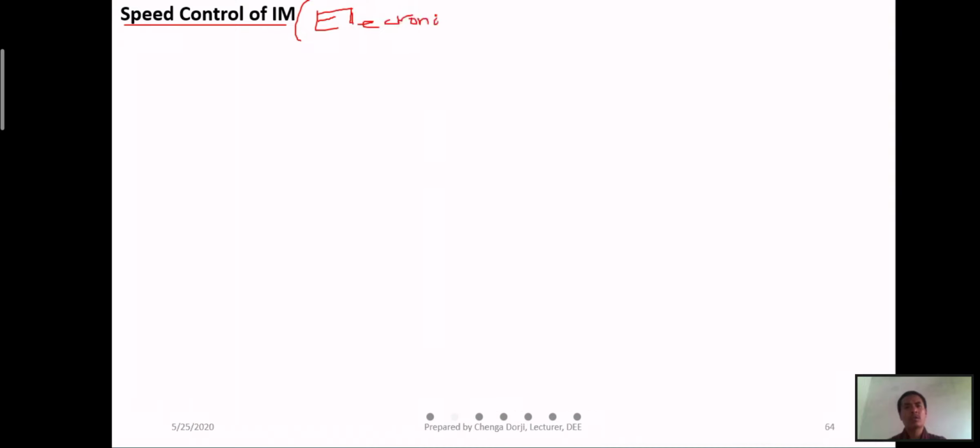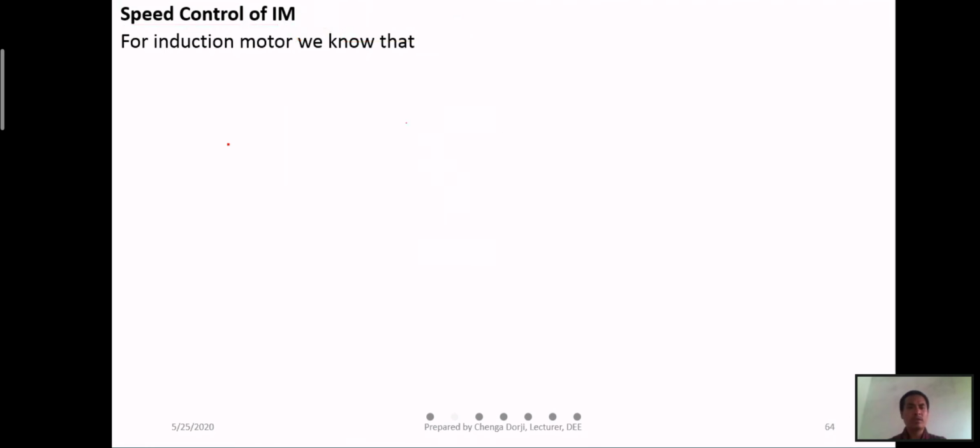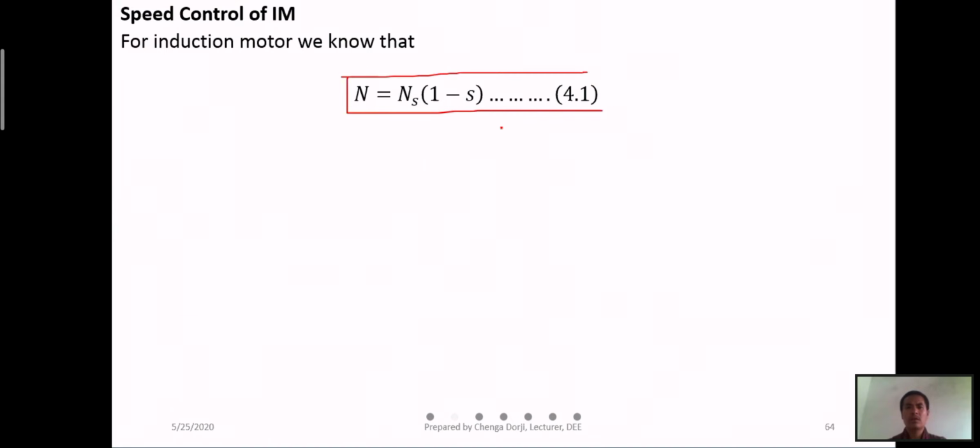For the induction motor, we know that slip S is equal to (Ns minus N) by Ns.